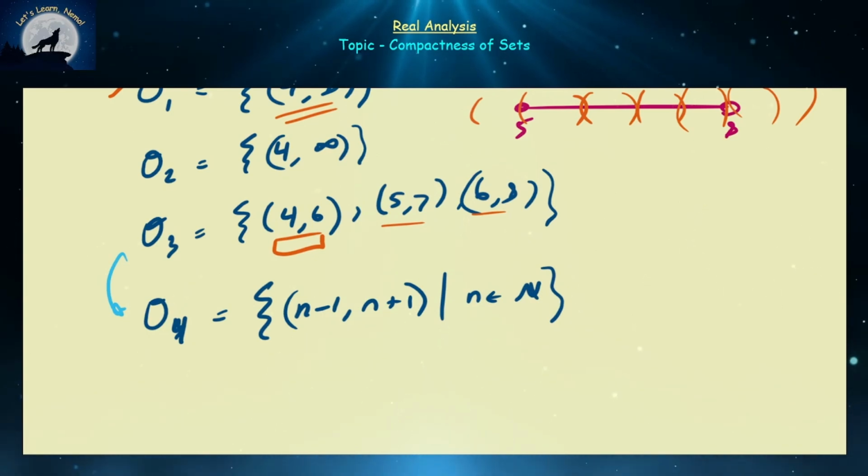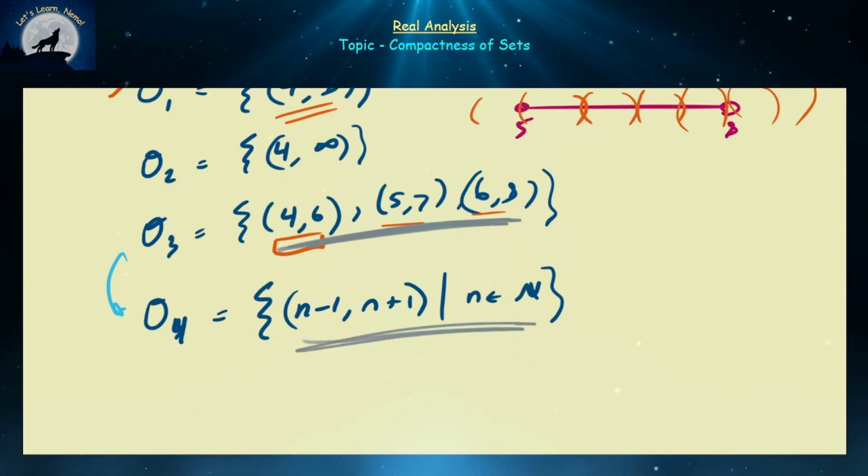Obviously since that includes O3, and O3 is an open cover, then we also see that O4 is also an open cover. More importantly, O3 is a finite collection of open sets, so it's a finite cover, whereas O4 also is an open cover, but it's an infinite open cover.